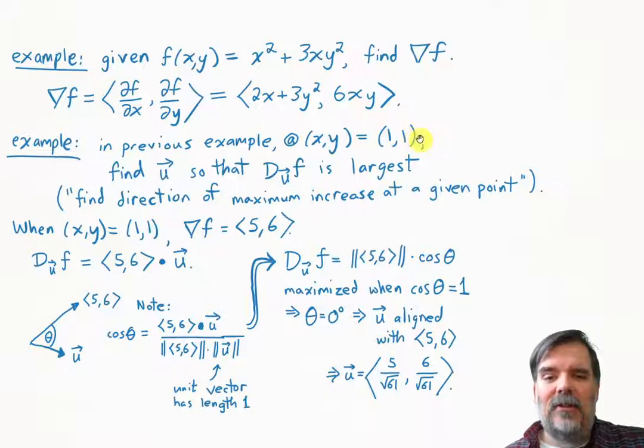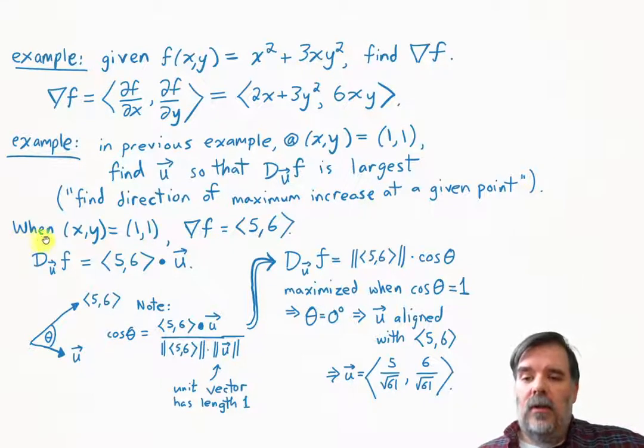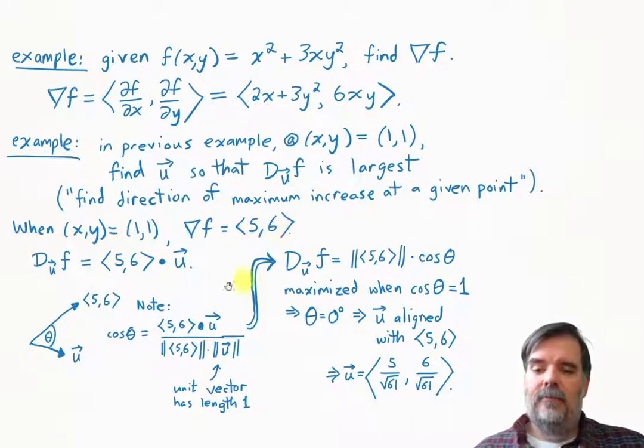At this location, you want to choose the vector u which corresponds to the largest derivative. That means the maximum increase of a function at that point. If you want to get to the top of the mountain most quickly, what direction must you go in? When (x, y) equals (1, 1), the gradient is equal to the vector (5, 6).